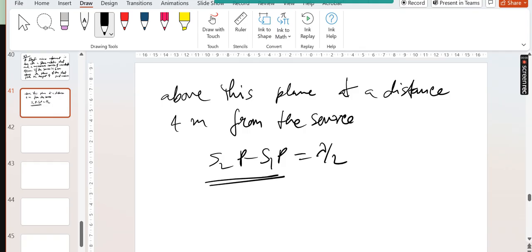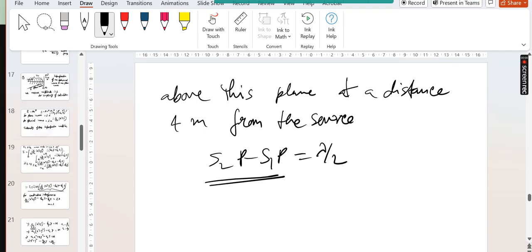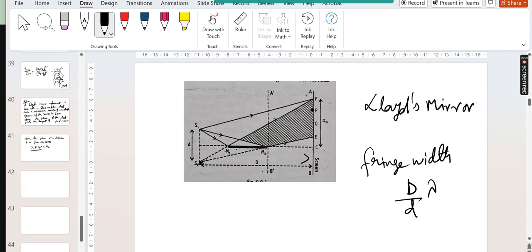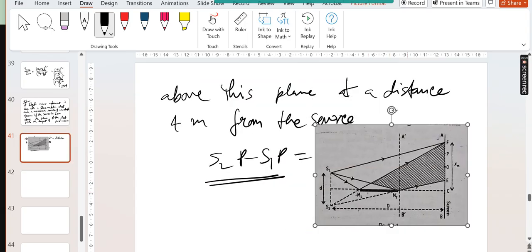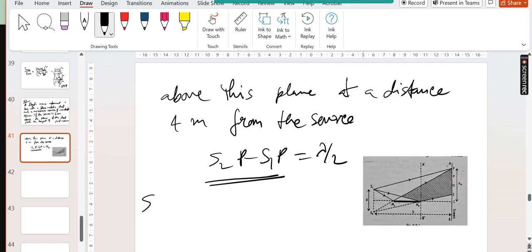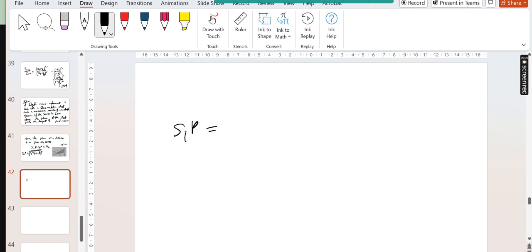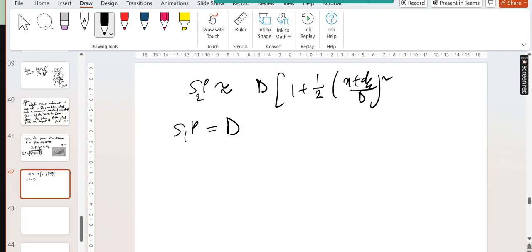S2P becomes D times 1 plus half of x plus d by 2 by D whole square.